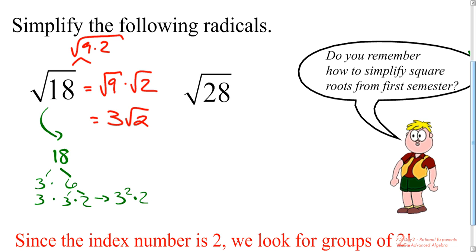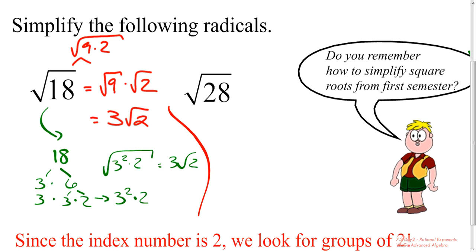So you have the square root of 3 squared times 2, the squares take each other out, and you get 3 root 2. That's fine, but that's going to end up taking longer, and it's good to do in a pinch if you can't see stuff. But again, you should hopefully be well versed enough in some of this.